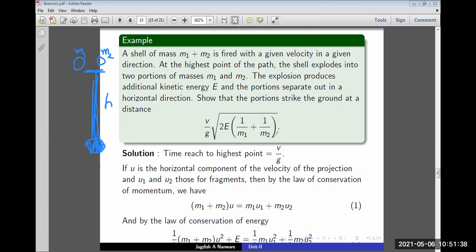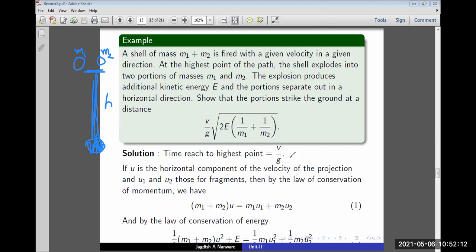So how do you solve this example? The time to reach the highest point depends on the velocity of that shell, and acceleration due to gravity, and how far away it is from the ground.